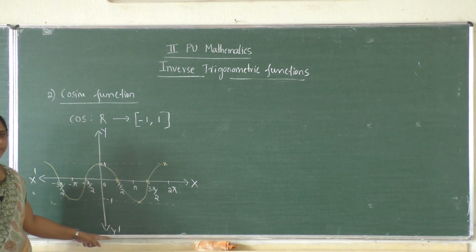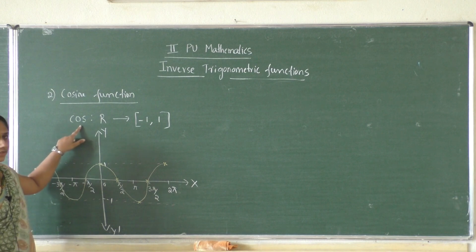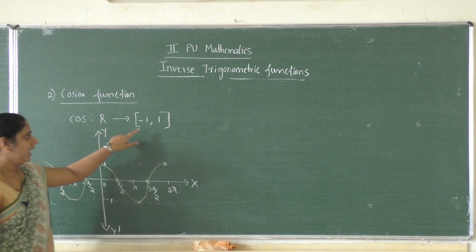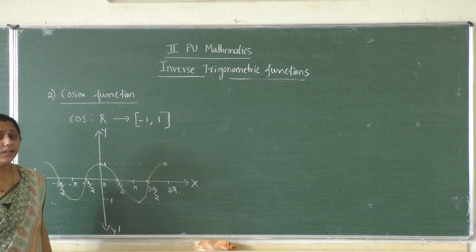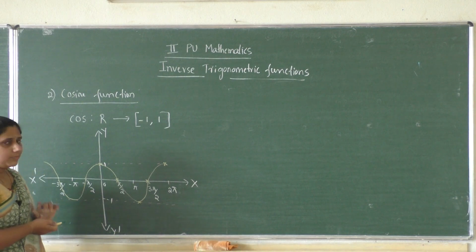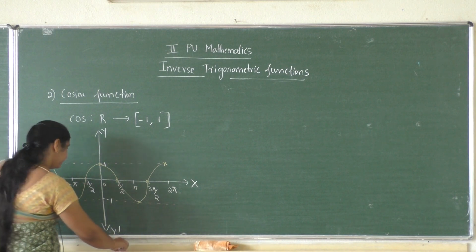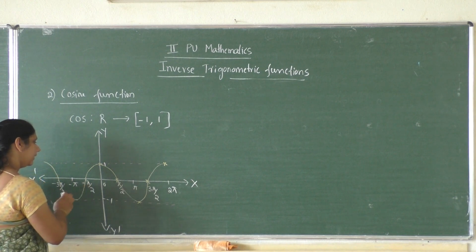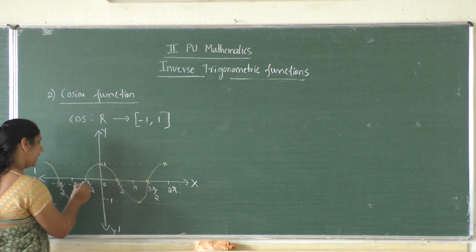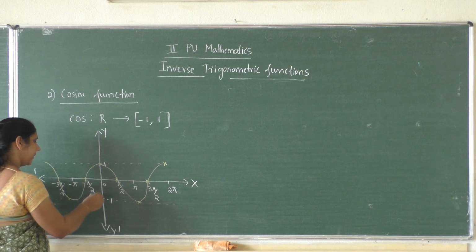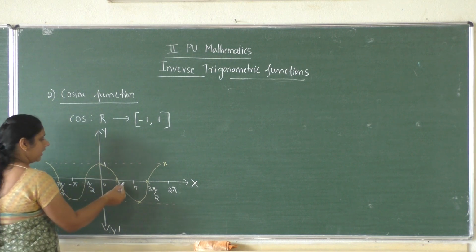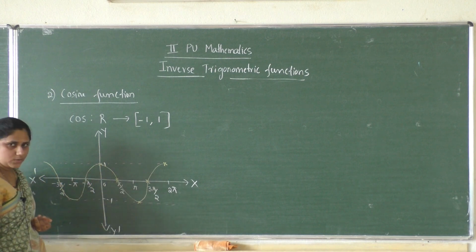So this is the graph of cos function, where the domain is R and the range is the closed interval -1 to 1. Similar to the first, that is the sine function. Check here: cos of -pi by 2 is 0, and again cos of pi by 2 is also 0.